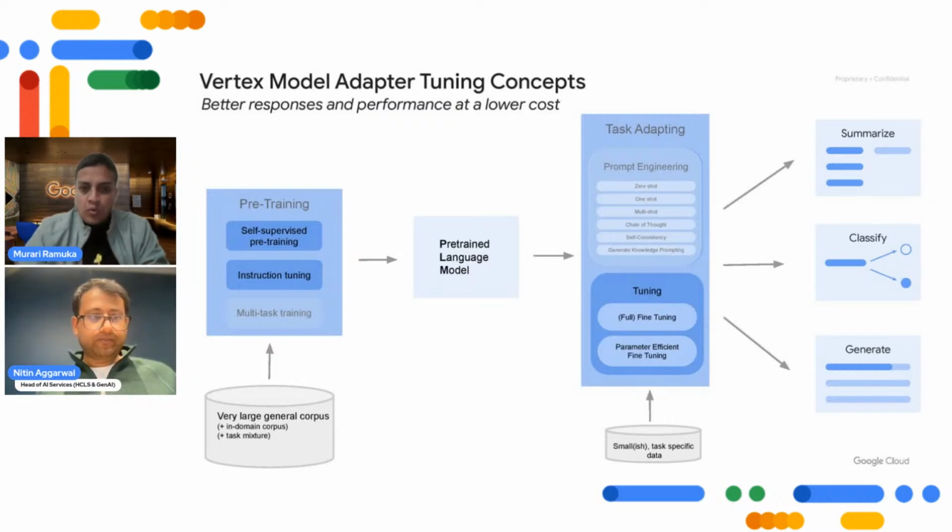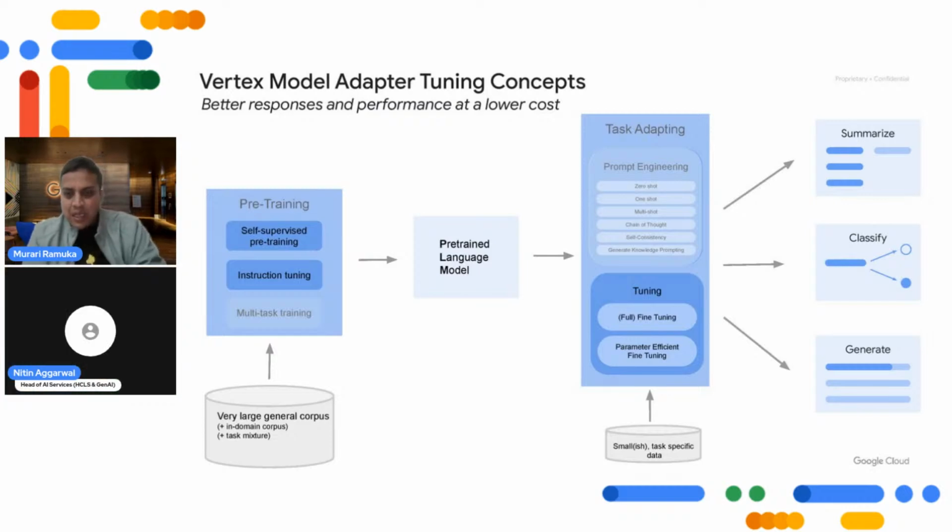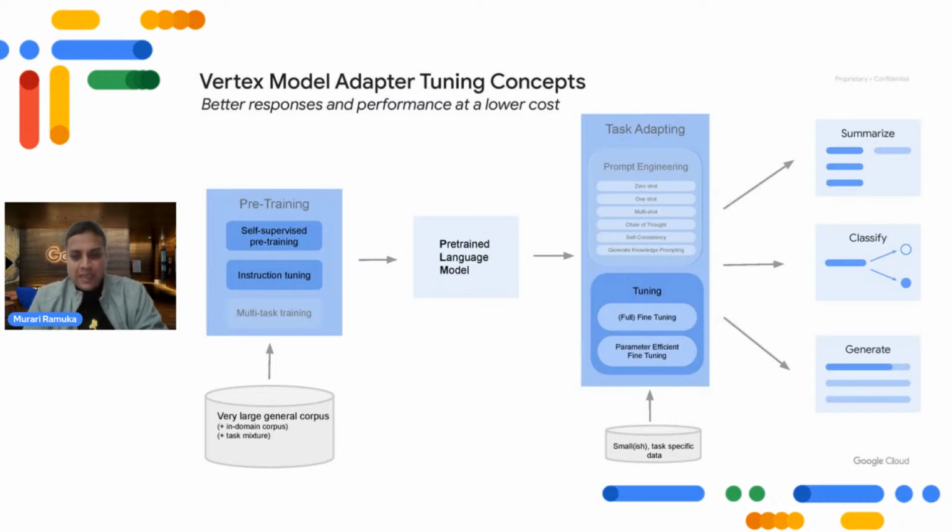What you are going to do here, as part of tuning, is that you have a very specific data set which you want to use. That data set is a very small, very task-specific data set, which you want to feed into the foundational model and then tune that model.